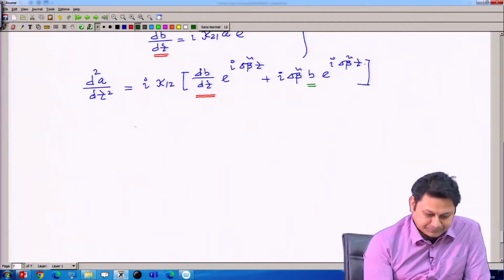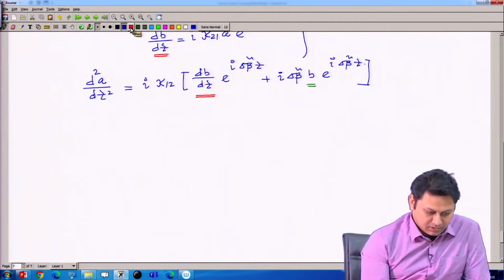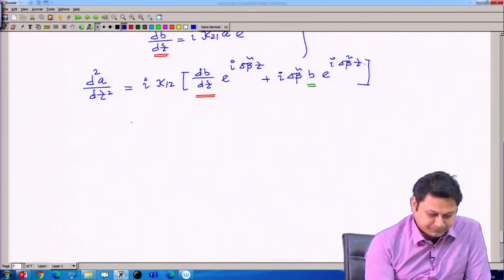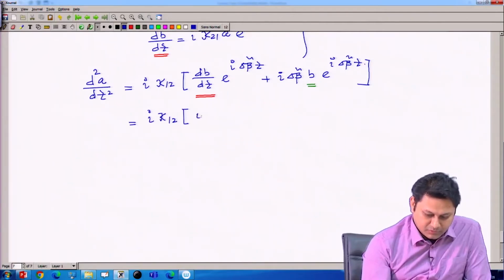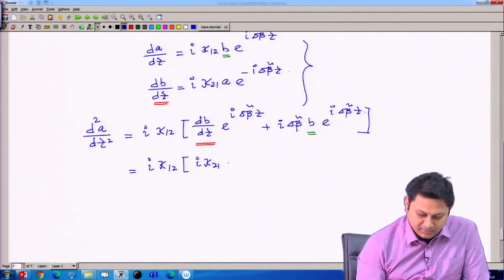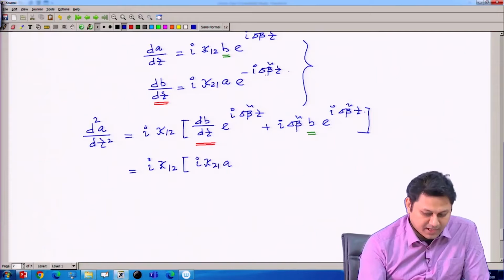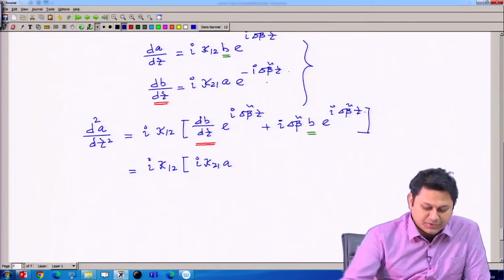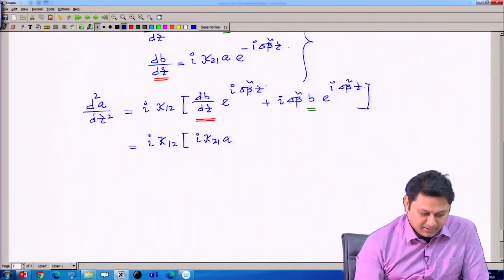So if I do that, then it should be i kappa 1 2, then this term will be i kappa 2 1, and you can see it is A multiplied by e to the power of minus i delta beta tilde z. So this term and this term are going to cancel out, and another term will be simply 1 plus i delta beta tilde b.